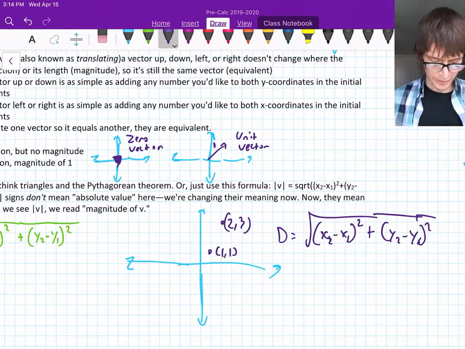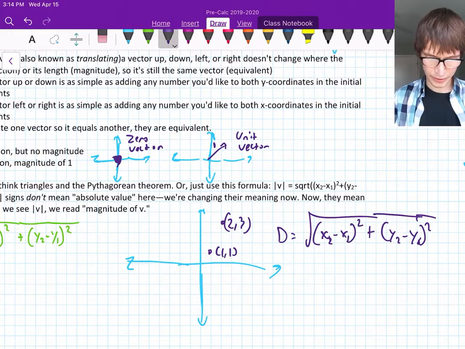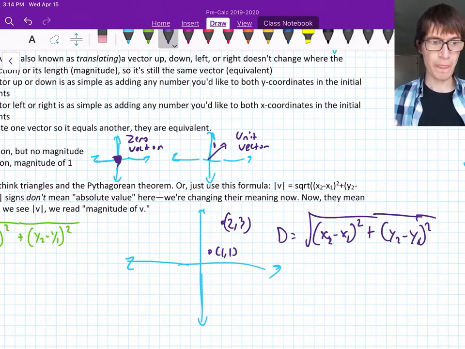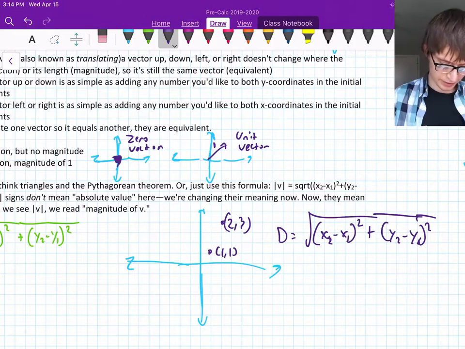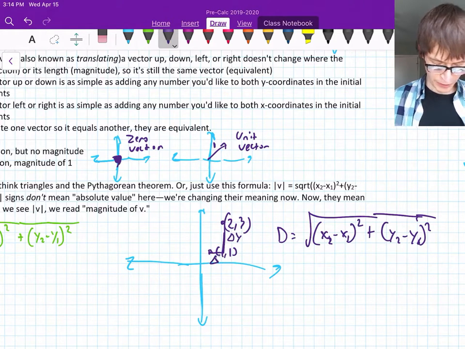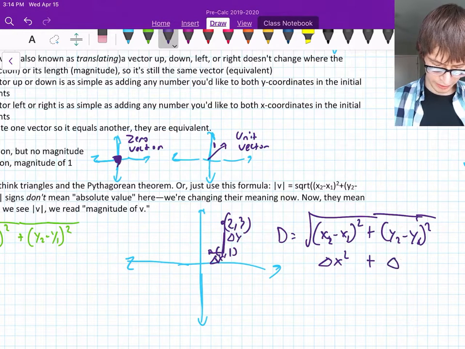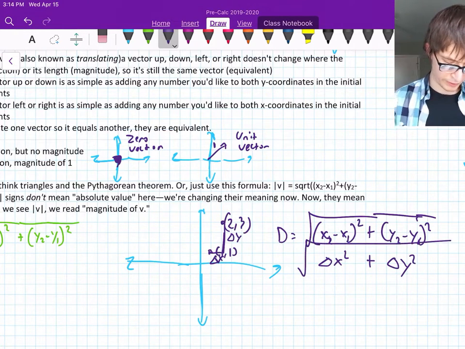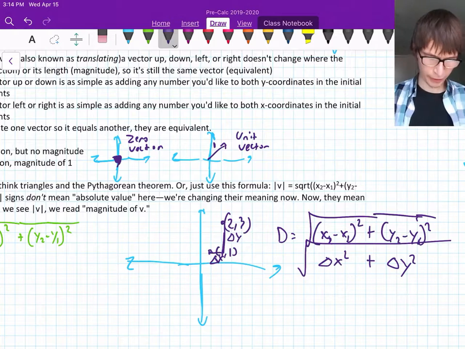You can start with the distance between 2 points as saying the change in x, this is the change in x, and this is the change in y. And we say it's the change in x squared plus the change in y squared. That is the distance formula, and the square root of all of that.